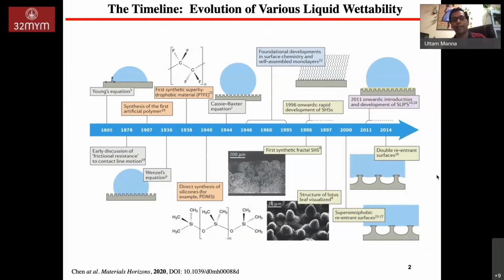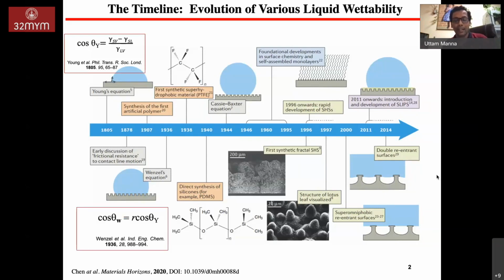Probably the wettability concept existed even before the 18th century, but the documentation started with Young's equation in 1805, where he talked about how you can predict the contact angle of a given liquid, whether it is water or oil, on a solid interface. And then over time, people realized that there are different kinds of complexity in terms of roughness, chemistry, chemical compatibility, and many other things.